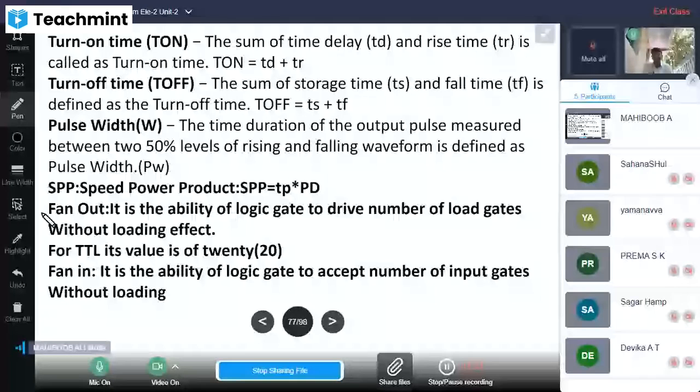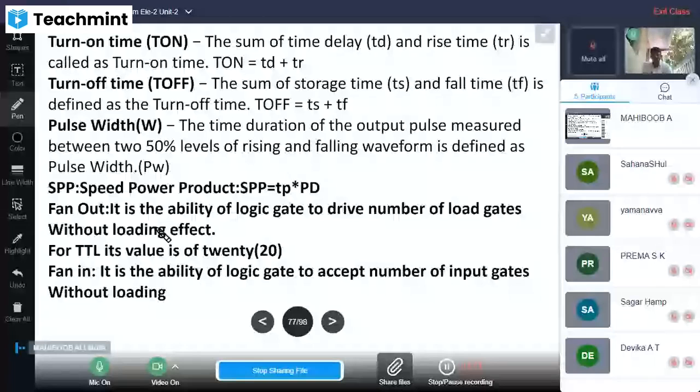SPP, speed power product, is equal to TP, that is the pulse period, multiplied by power dissipation, PD. Pulse period multiplied by power dissipation is called the speed power product.